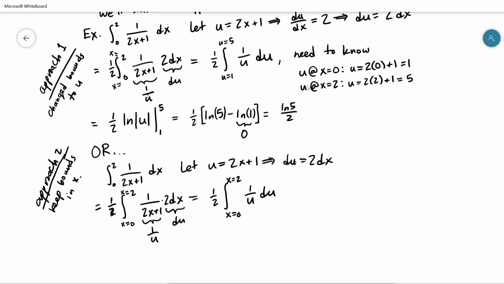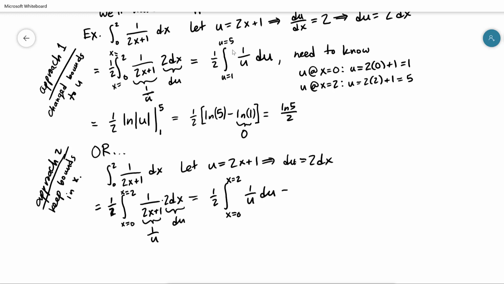And this is what I mean. I'm mixing notation here. We've got the integrand and differential both in terms of u, but my bounds of integration are still in terms of x. I'm going to perform this integration, and I'm going to get the natural log that we got before, but then I'm going to need to convert everything back to be in terms of x instead of leaving it in terms of u like I did here.